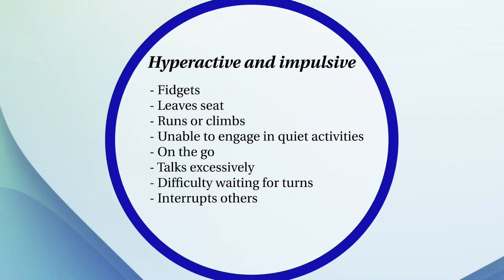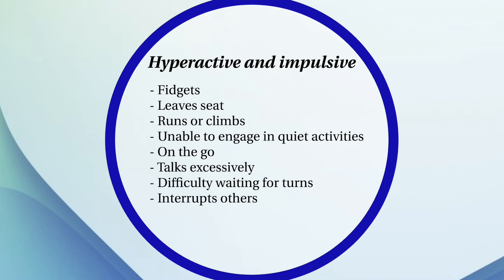How about the hyperactivity and impulsivity type? Those are the ones that are fidgety. They can't stay seated, they leave their seat, they're climbing and running all the time. They're unable to engage in quiet activity, always on the go. They talk excessively and have difficulty waiting for their turn.